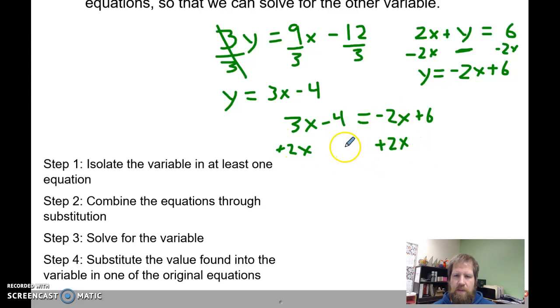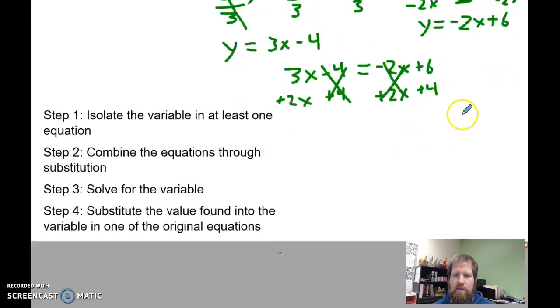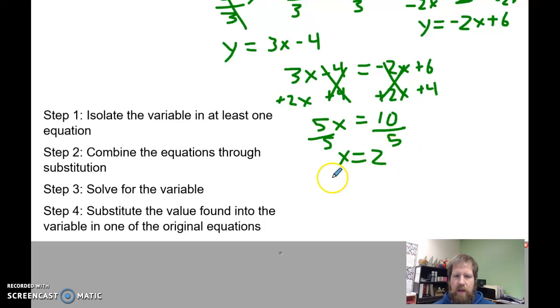And in the same step, I'm going to jump ahead and add 4 to both sides. Nothing wrong with combining like that. 3x plus 2x, 5x equals 6 plus 4, 10. Divide by 5, divide by 5. X equals 2.